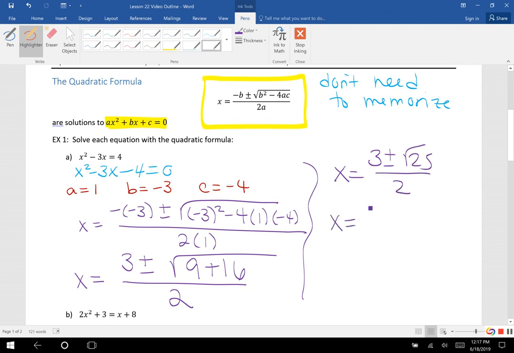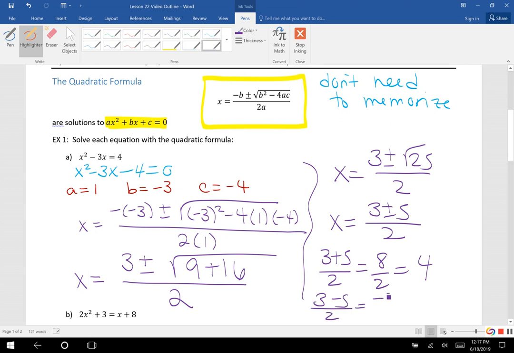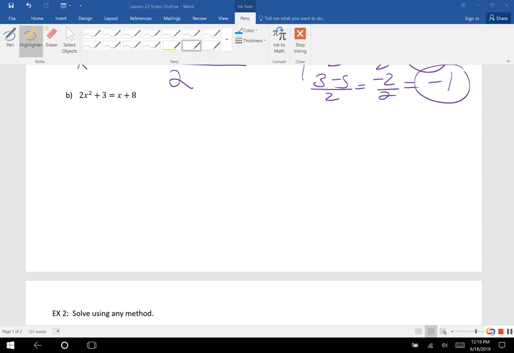And we can actually go even further because root 25 is 5. All right, so then 3 plus 5 divided by 2, that's 8 over 2, or 4. And 3 minus 5 over 2, that's negative 2 over 2, or negative 1. So I've got 2 solutions, 4 and negative 1.